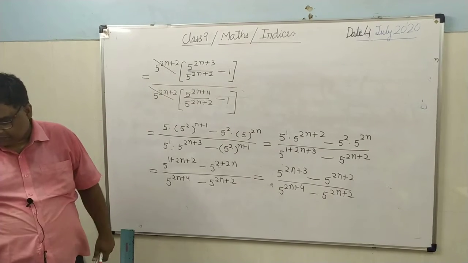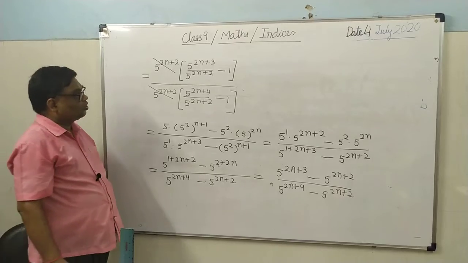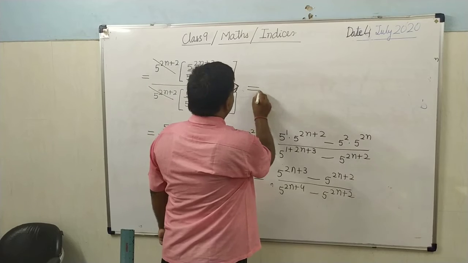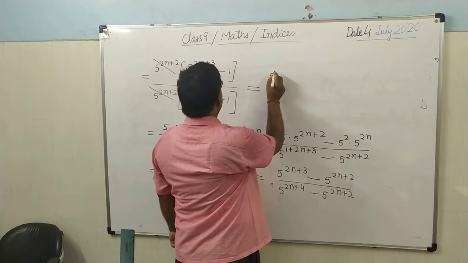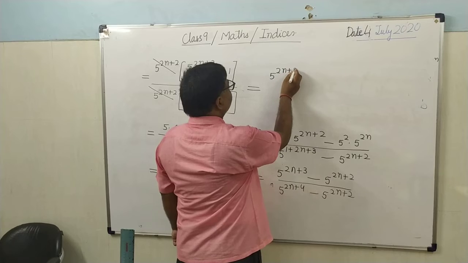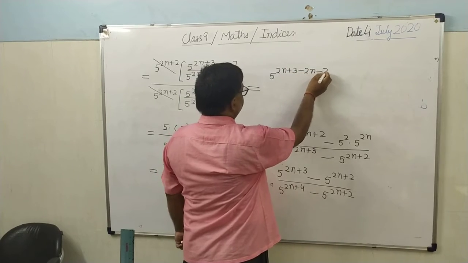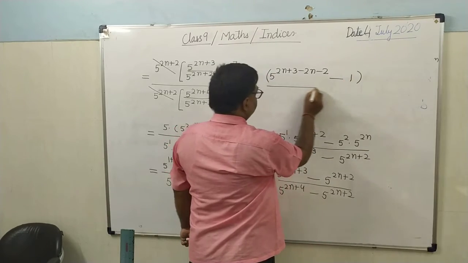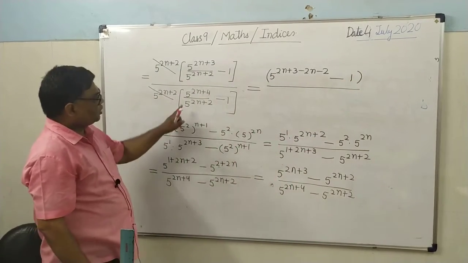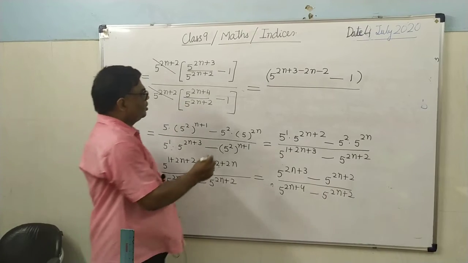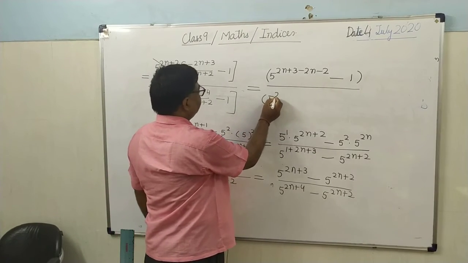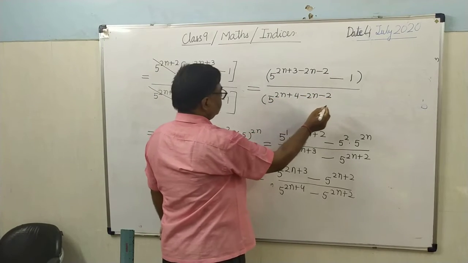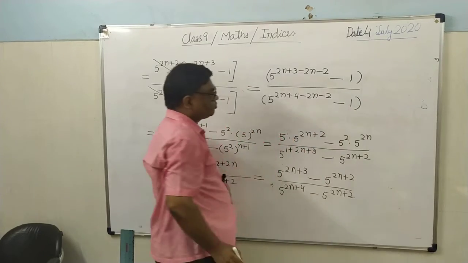By using the quotient rule. It's clear? So it will be 5 to the power 2n plus 3 minus 2n minus 2, minus 1, divided by, after simplifying, 2n plus 4 minus 2n minus 2. And this is minus 1.